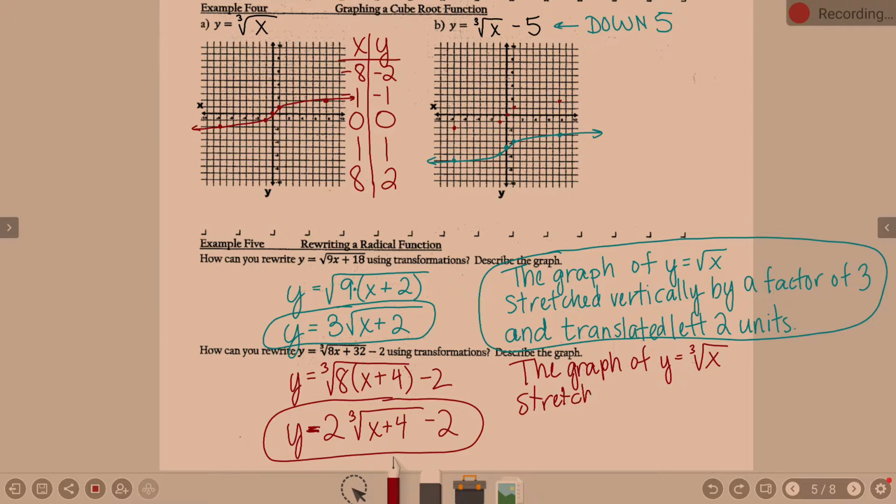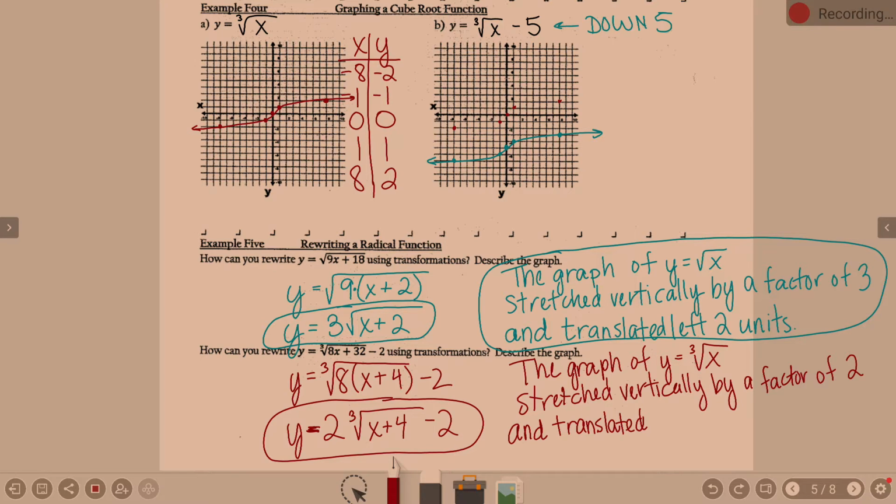So stretched vertically by a factor of 2 and translated where?